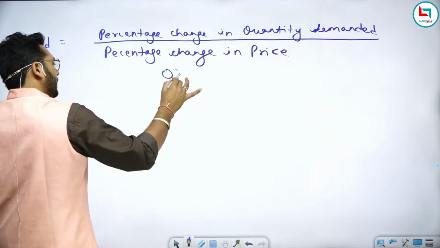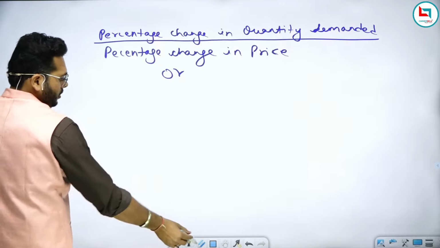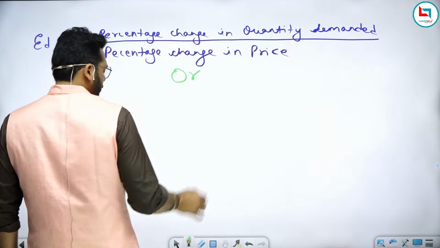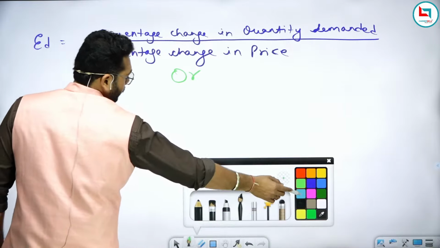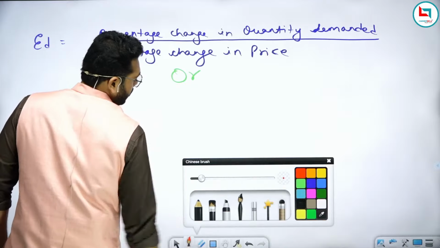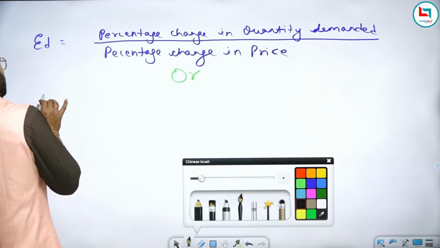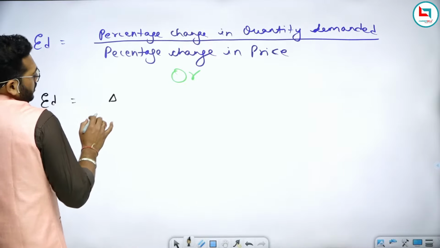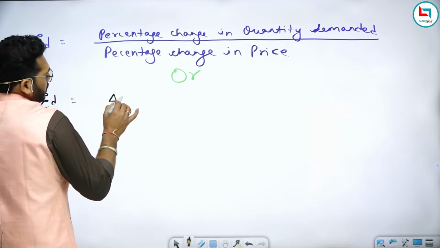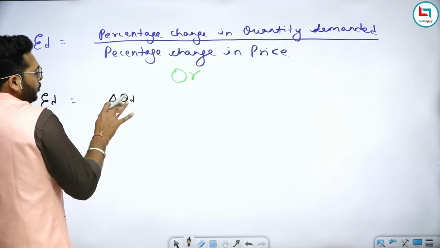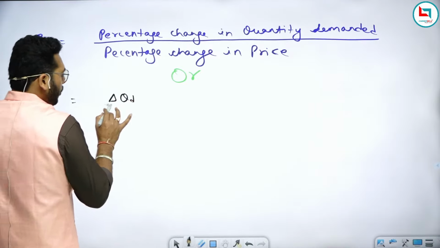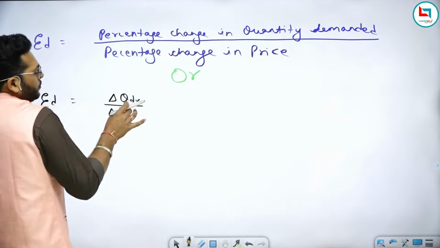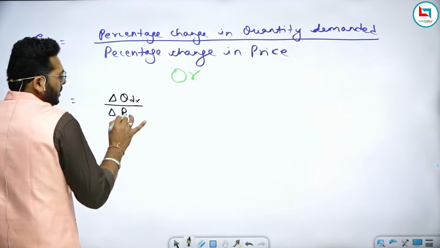Or you can write here, ED means change in QD, quantity demanded, upon change in QDX, where X means X good, right? Or change in PX.